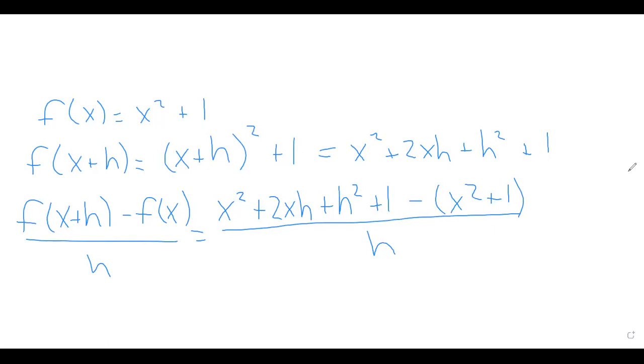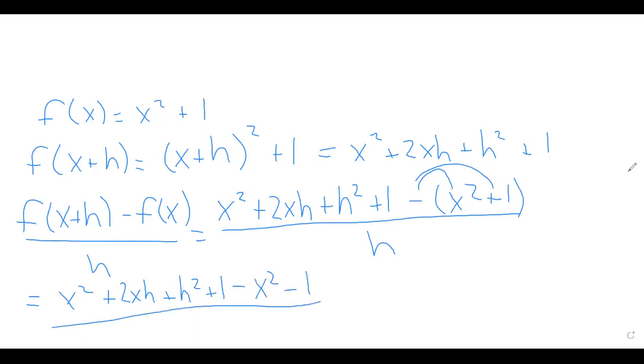Now we need to distribute this negative. So we get x squared plus 2xh plus h squared plus 1 minus x squared minus 1 all over h. Now, a lot of these should start falling apart and canceling. If they don't, go back and check your math.